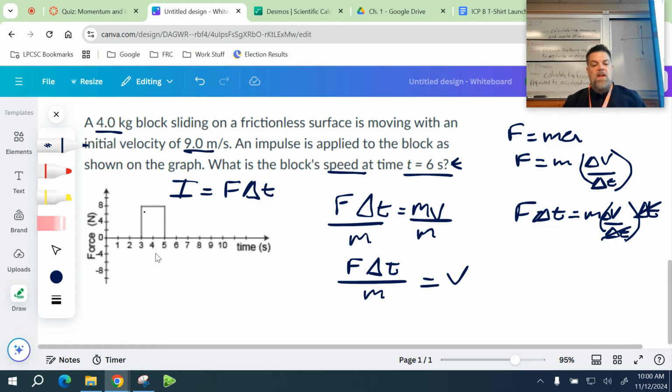So what is the force that's being applied? Well, I have a force that's equal to 8 over time, which is 2, but the average is in the middle, right?